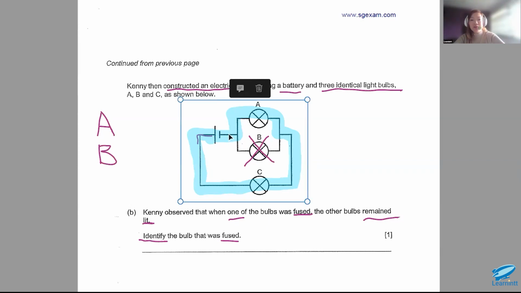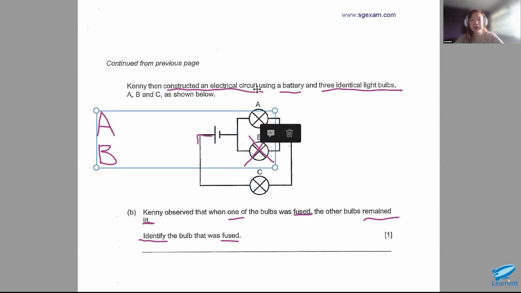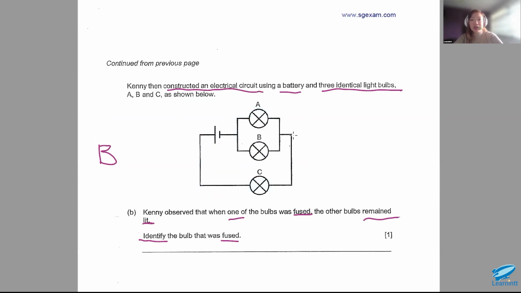So let's remove this. Let's try light bulb C. If light bulb C is the one that has been removed, how will the path of the electricity look? It's going to look like, let's stop here. Let's go by another direction. Let's try this one.